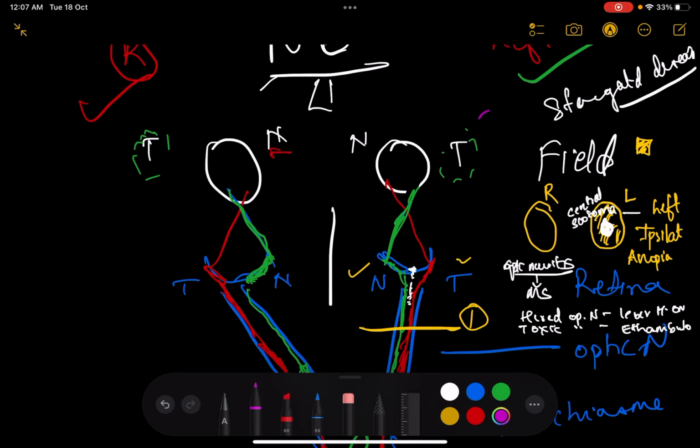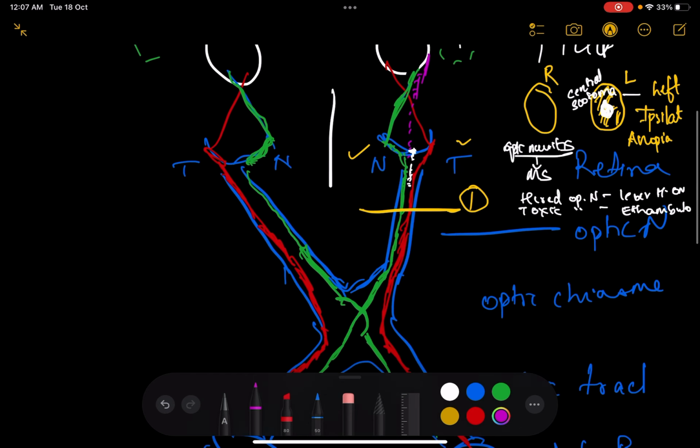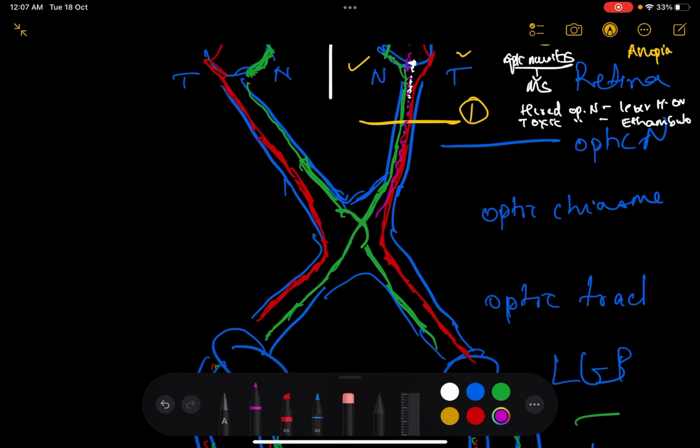So let's say you've shown light, and the fibers carry, they pick up the light, fair enough, and as they carry the light from, let's say, any side, temporal or nasal, they reach the optic nerve and they crisscross.